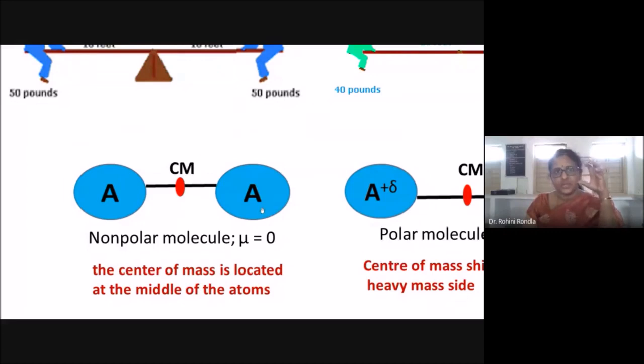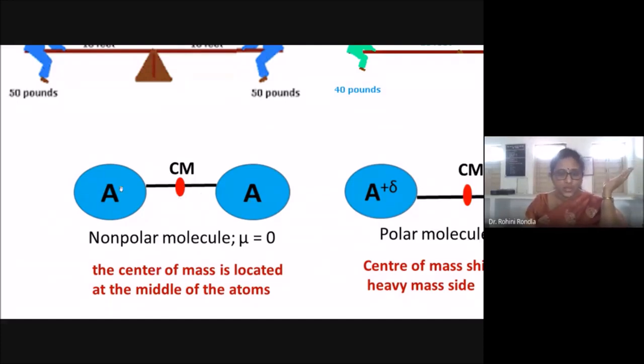There is no shift of bonded electrons. Kadamma, ikkada A ni hydrogen anukondi, ee A ni kuda hydrogen anukondi. They have same electronegativity kada. If they have same electronegativity, the bonded electrons will not move towards this A and this A. Ee bonded electrons are located in the middle, center of the two atoms. Ikkade untayi bond lo unna electrons. Ituvaipu ellavu endukante both are hydrogens.